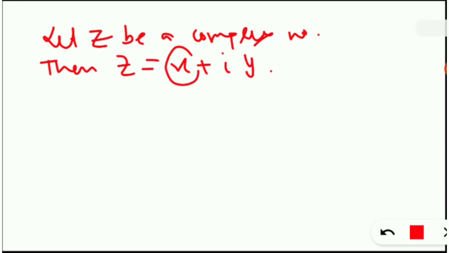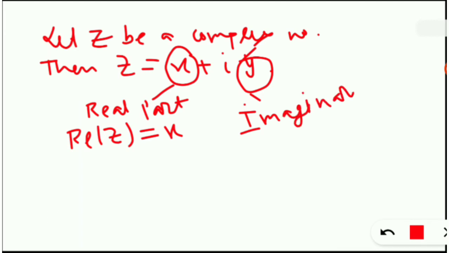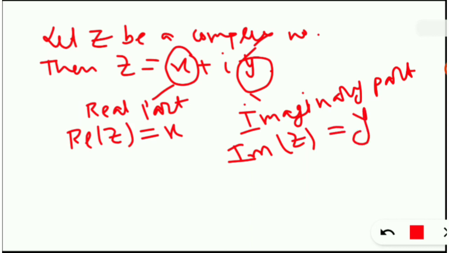Okay, so this is the real part, denoted by Re of z equals x, and this is the imaginary part, denoted by Im z equals y.